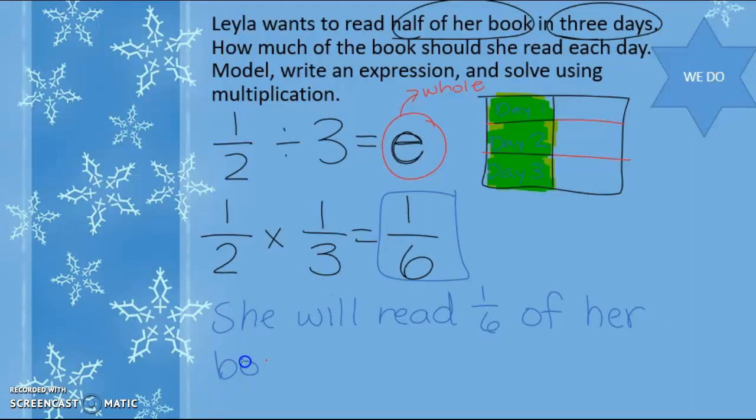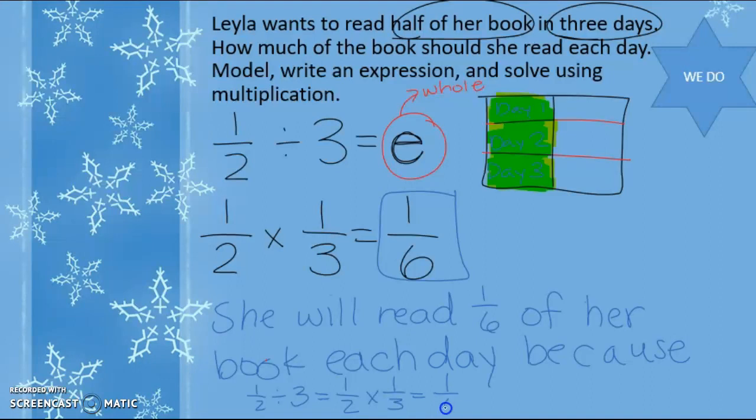And let's add some flair. She will read 1/6 of her book each day because 1/2 divided by 3 equals, what did we learn? Keep, change, flip. 1/2 times 1/3, which equals 1/6. Now I'm showing my reader that I understand exactly what I'm doing.